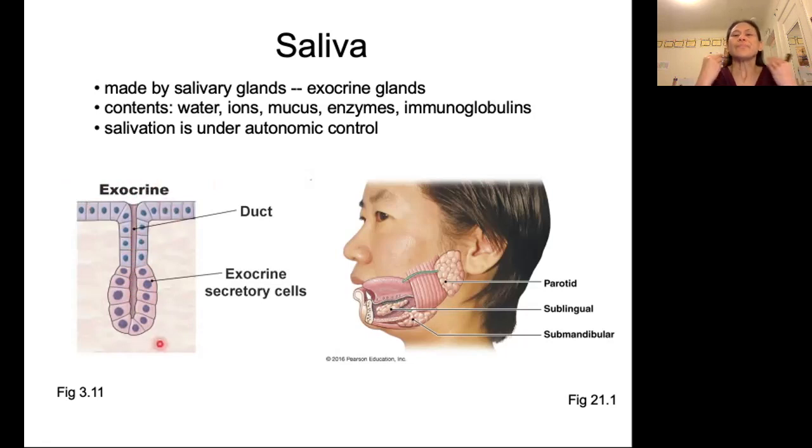What are the contents of saliva? Water, ions, mucus, enzymes, immunoglobulins, antibodies. In the next slide, we'll talk about some of the functions that those contents carry out. Salivation is under autonomic control.